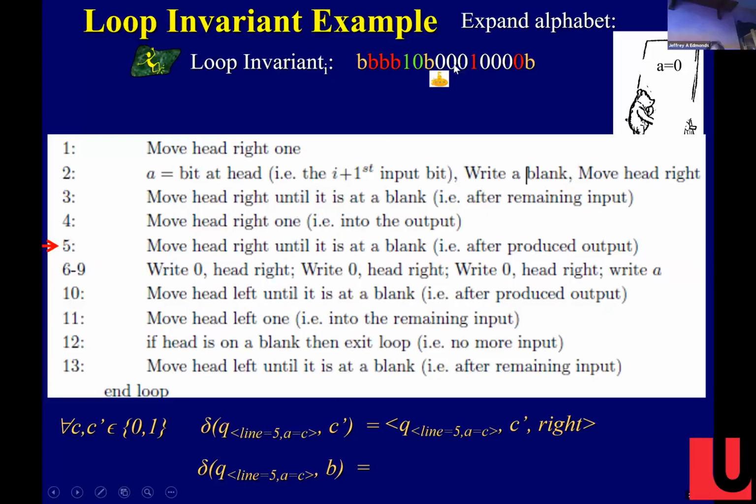Oh, where are we, by the way? This guy should be way up here at this blank. Anyway, we're at this blank here, right? Move the head right into the blank. Does line 5 and line 3 get repeated?